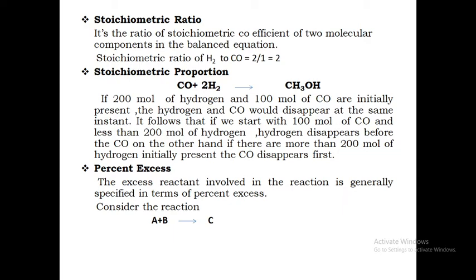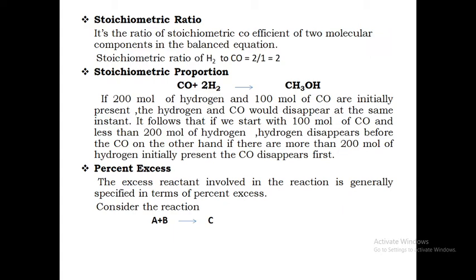That's why hydrogen disappears before the CO. Case number 2, we start with more than 200 moles of hydrogen and 100 moles of carbon monoxide. For this case, carbon monoxide disappears first, before hydrogen. Why? The required hydrogen is 200 moles, but we start with more than 200 moles, so the carbon monoxide disappears first, then hydrogen.